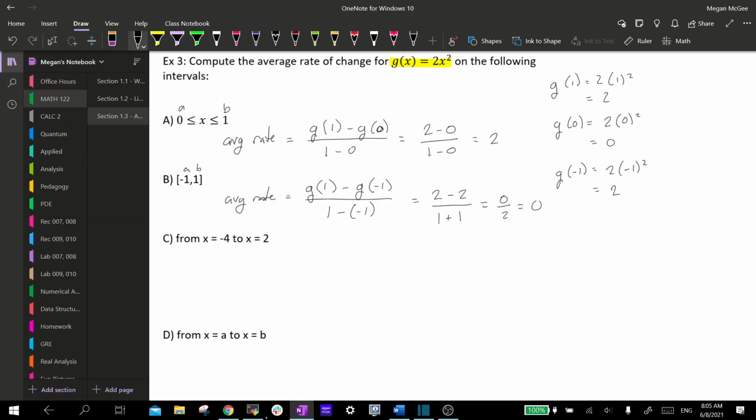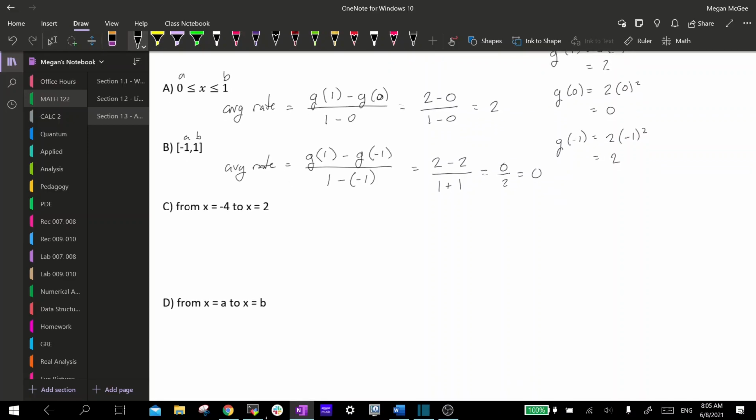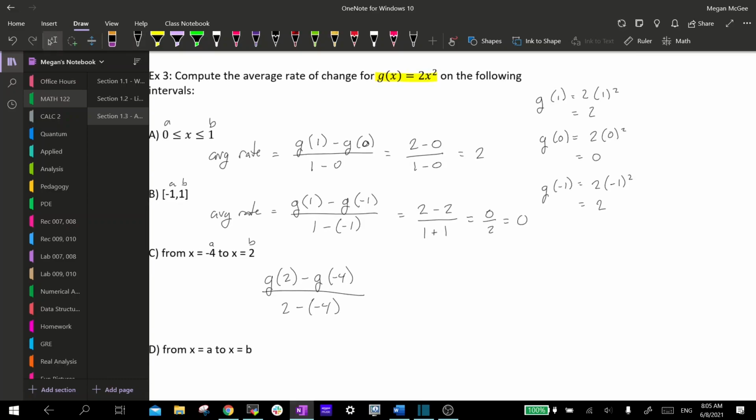Same thing again, but now written a little bit differently. From x is equal to -4 to x is equal to +2, this is still our a and b. Alright, so we can go ahead and calculate g of b minus g of a over b minus a. Alright, so we need to do some more calculations. G of 2 is 2 times 2 squared, which is 8.